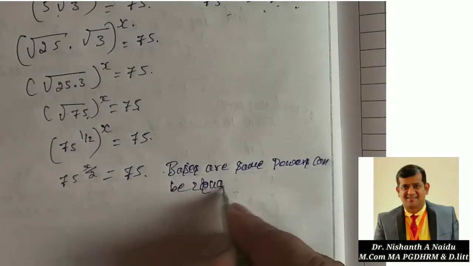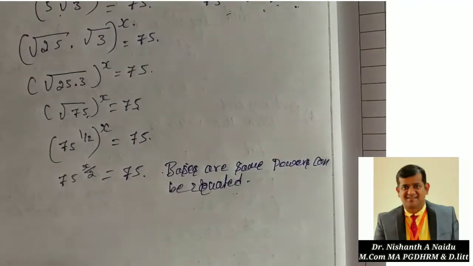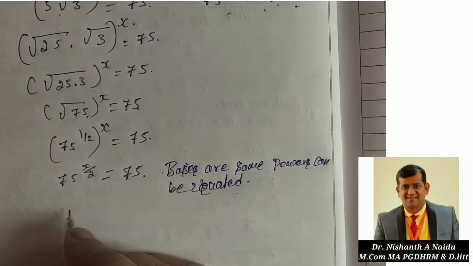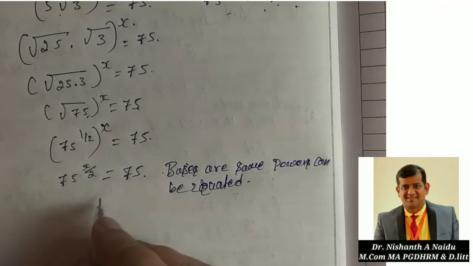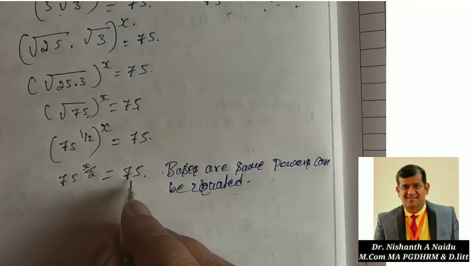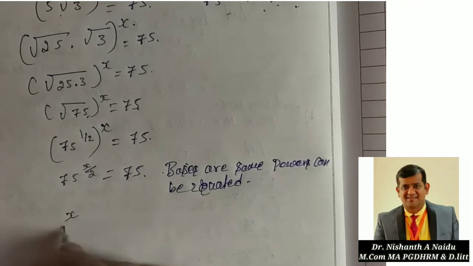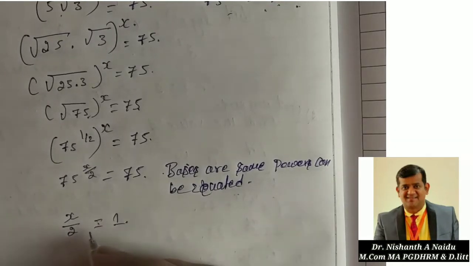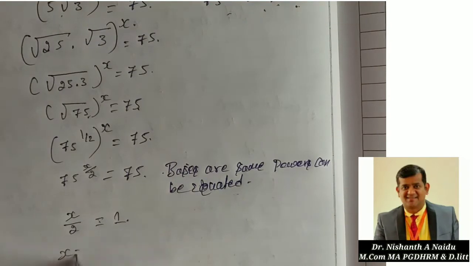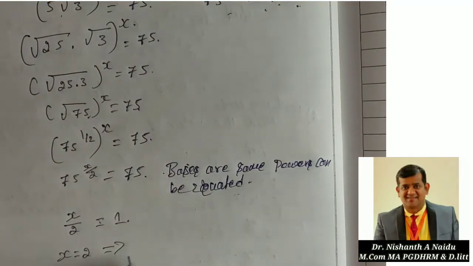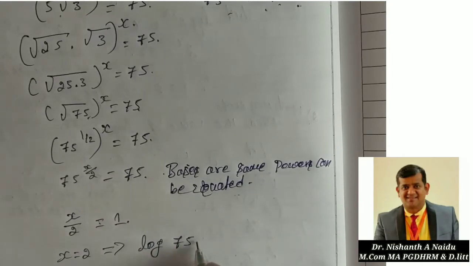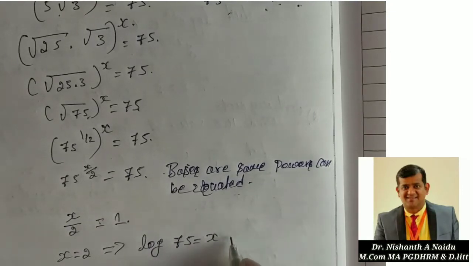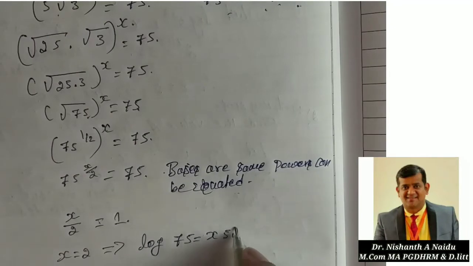So x divided by 2 equals 1. So that means x equals 2.